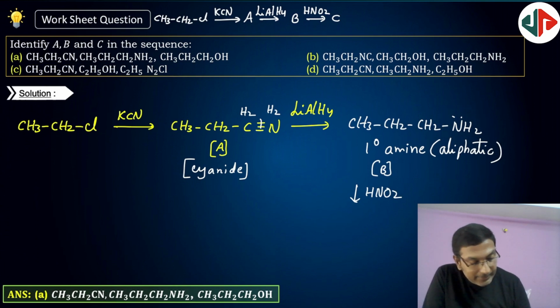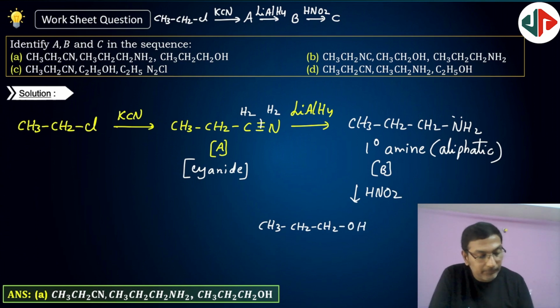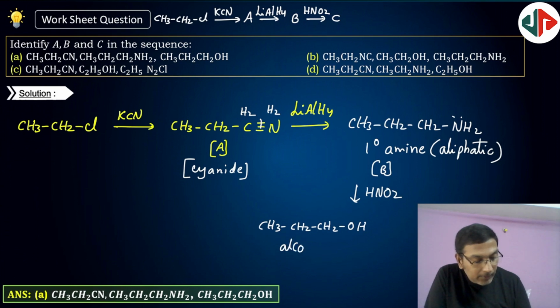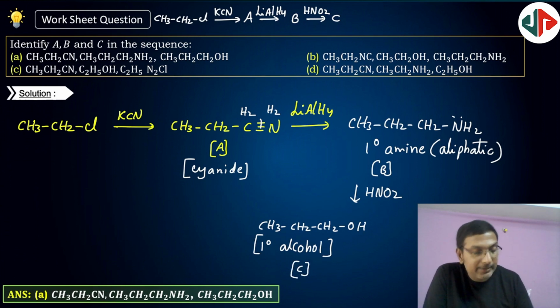That means CH3CH2CH2OH, which is a primary alcohol. This is C. Next, check the options.